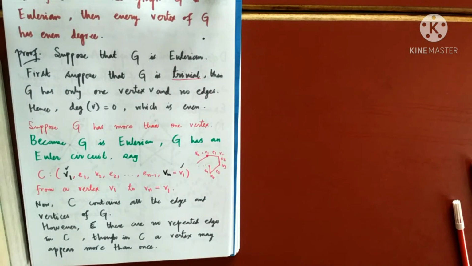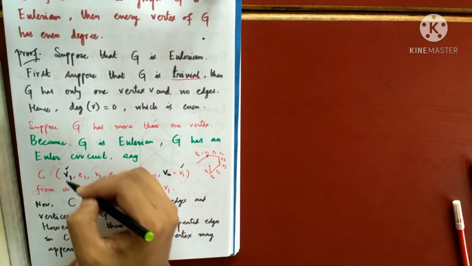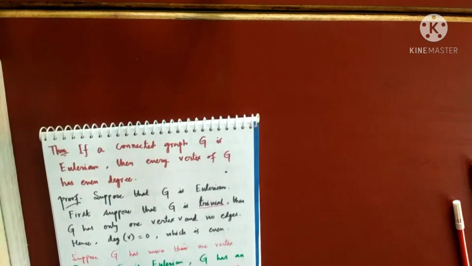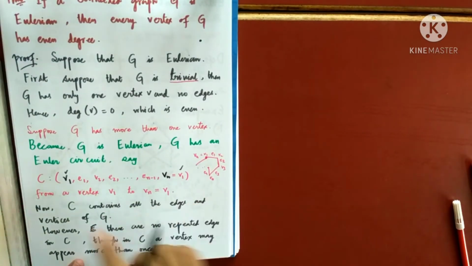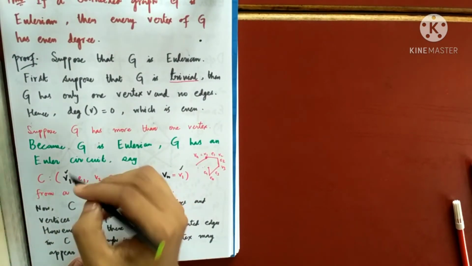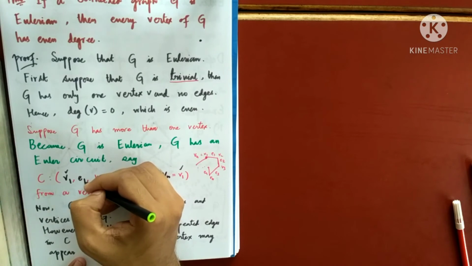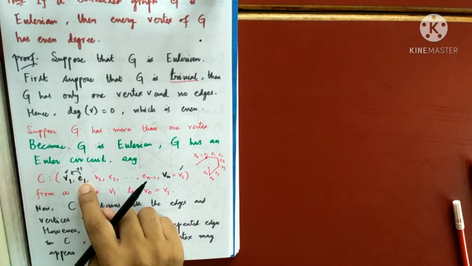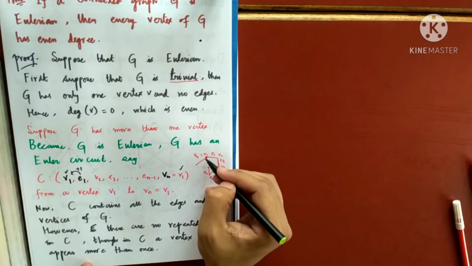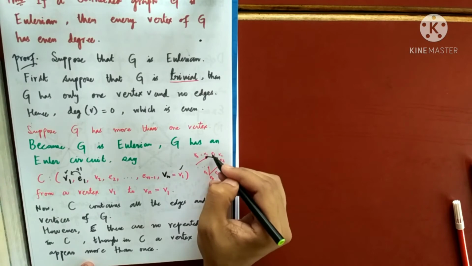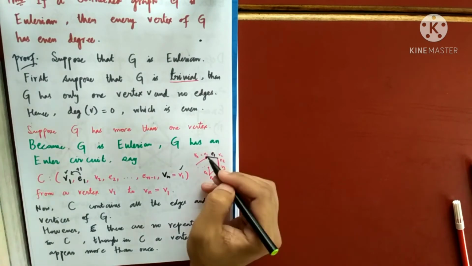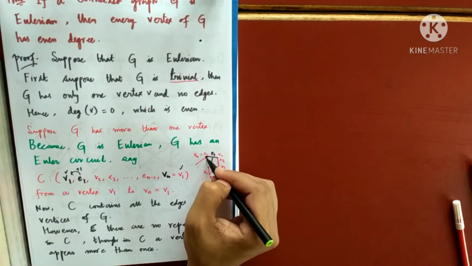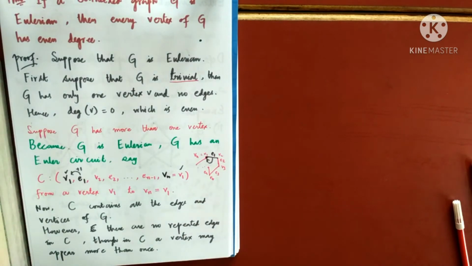Now try to understand my point. So this is U, okay? From here only you understand. Due to this edge E1, 1 will be contributed here. You see, this is V1 and I have this edge E1. So E1 contributes 1 to the degree of V1.